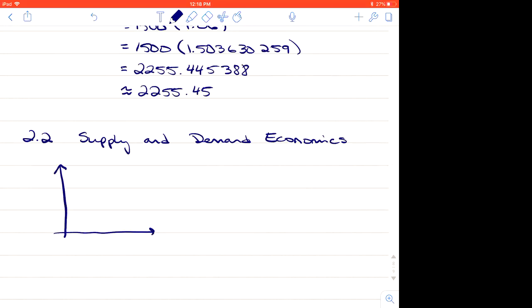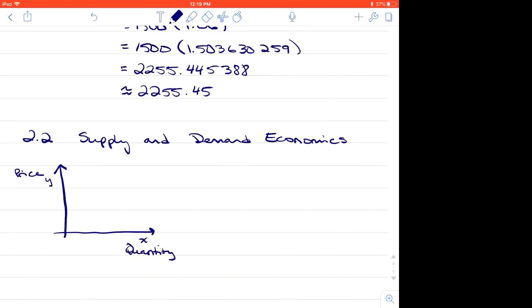So on a supply and demand curve, which you've probably seen at some point, we've got the price on the y-axis, and on the x-axis, we have our quantity. We supply some quantity at some price, or we demand some quantity at some price.